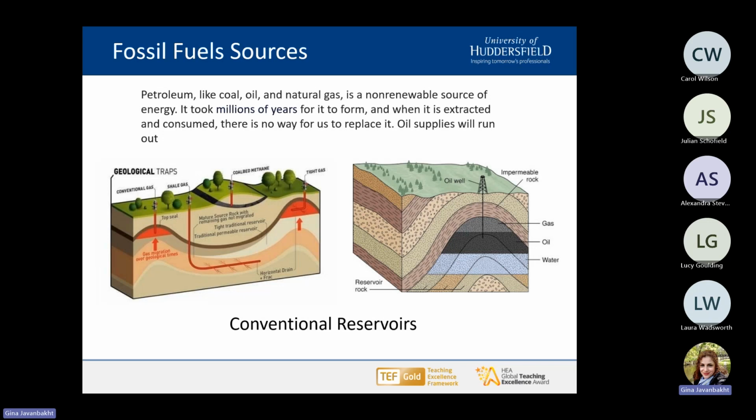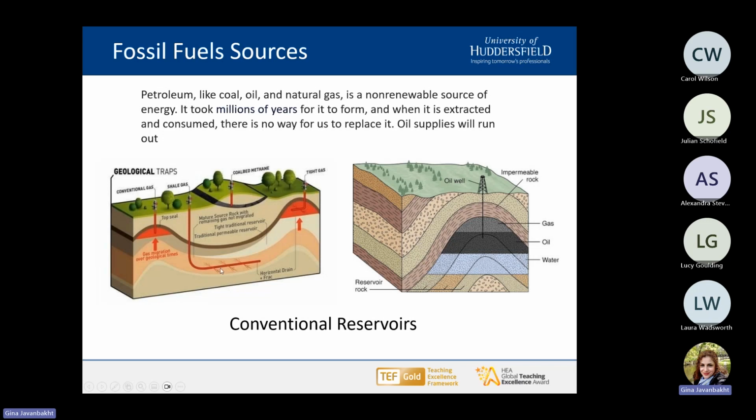People are extracting oil. Okay, but it will run out one day, and that day is not that far away. So big oil companies and industrial companies figured out that these reservoirs are not going to be there forever. They looked for different types of gas and oil that have been trapped underground.